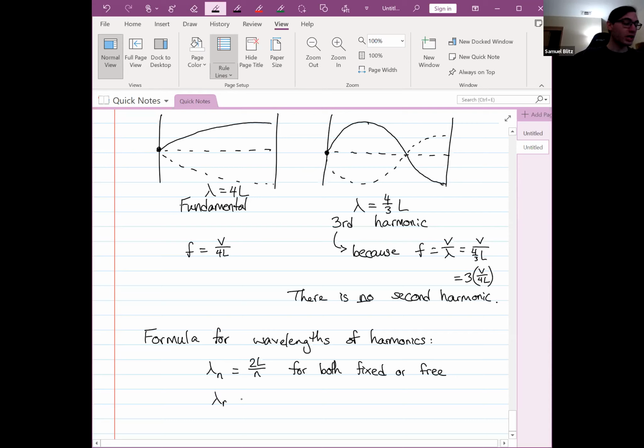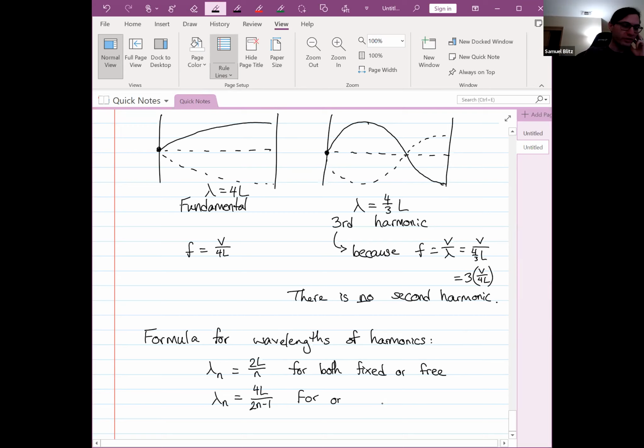The wavelength for the 2n minus 1th harmonic, for one end fixed and one end free, is 4L divided by 2n minus 1. You can figure this out by drawing pictures and measuring.